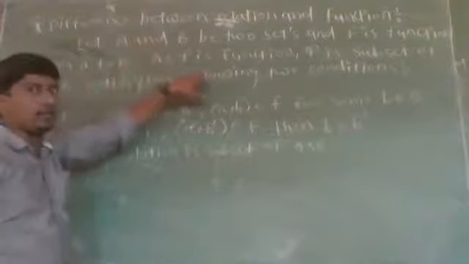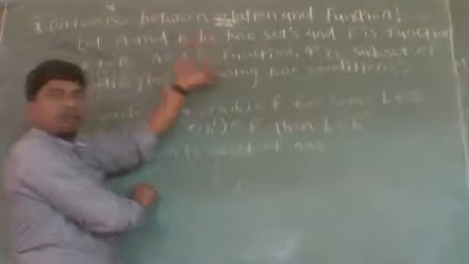As F is also a subset of A cross B, and every subset of A cross B is a relation, F is a relation, which implies every function is a relation.